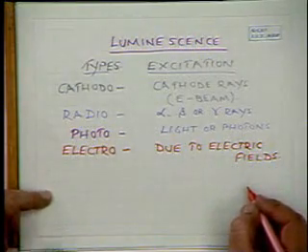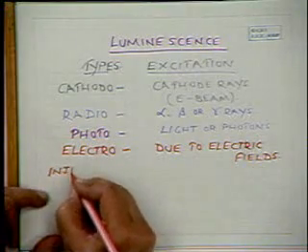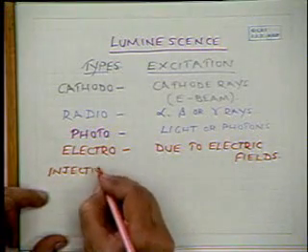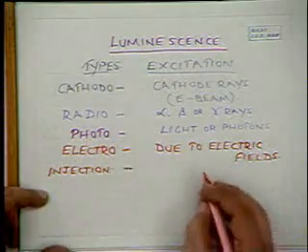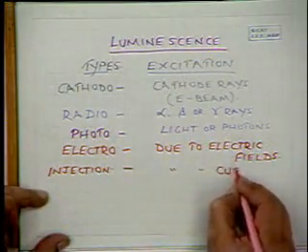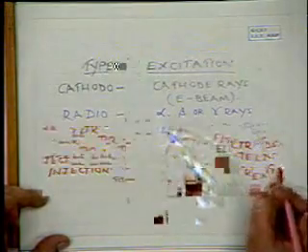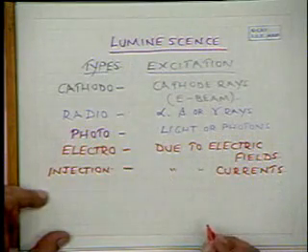There's a special type of electroluminescence which is called injection electroluminescence, which is due to electric currents, the injection of a current through a sample.